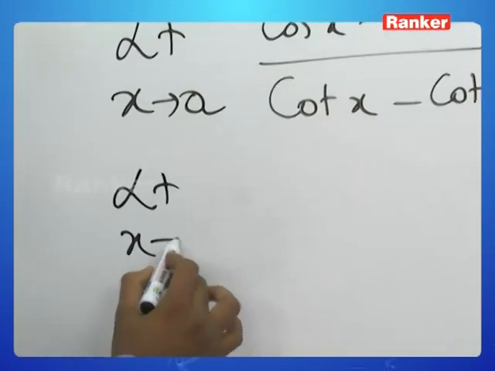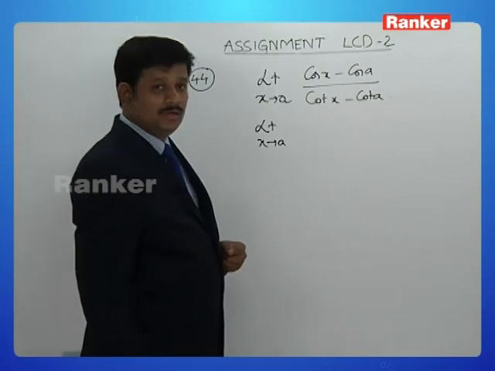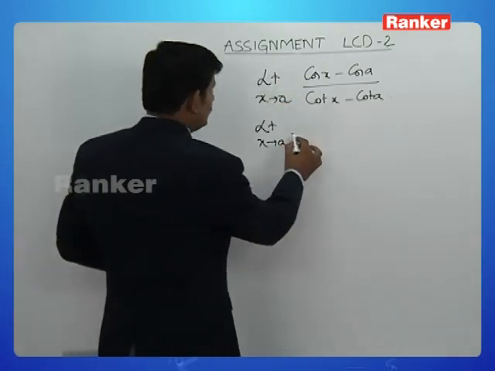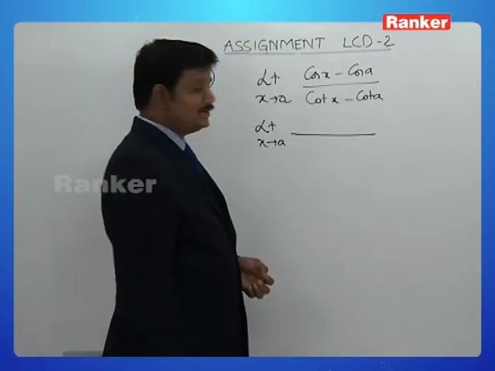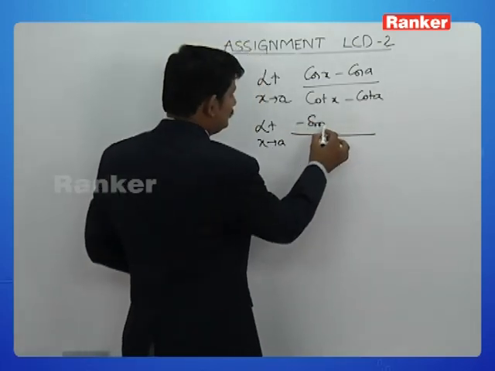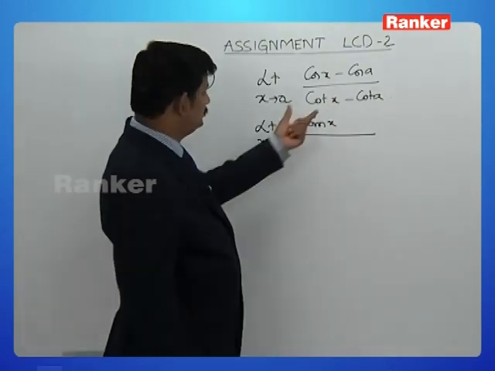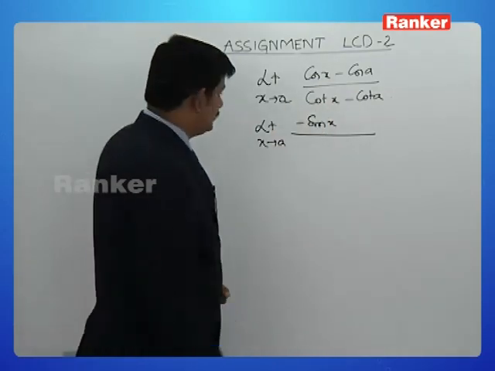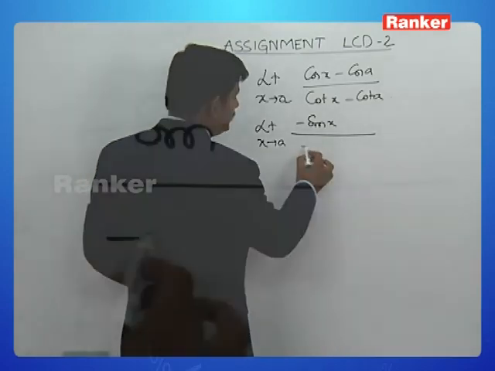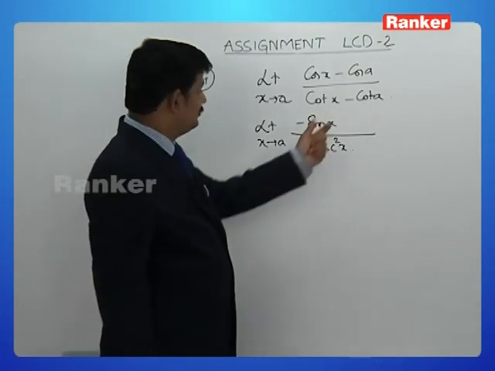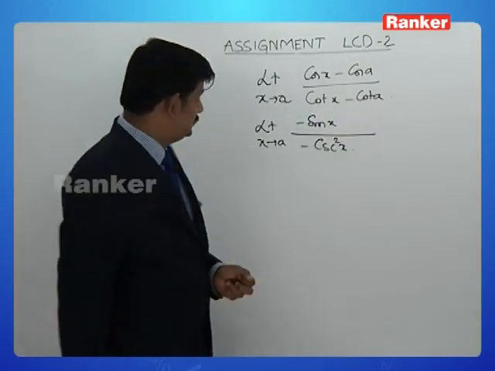Limit as x tends to a. Because this is 0 by 0 format, let us differentiate the numerator. Derivative of cos x is minus sin x. Cos a is a constant, its derivative is 0. Derivative of cot x is minus cosecant square x, and derivative of cot a is 0.